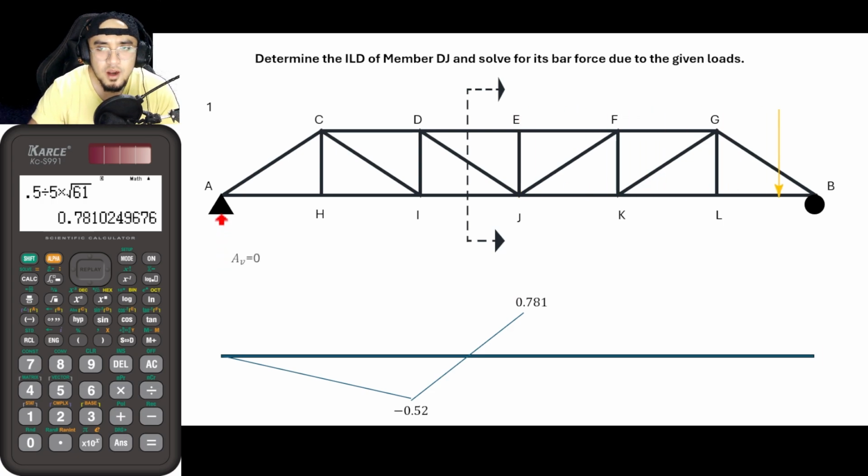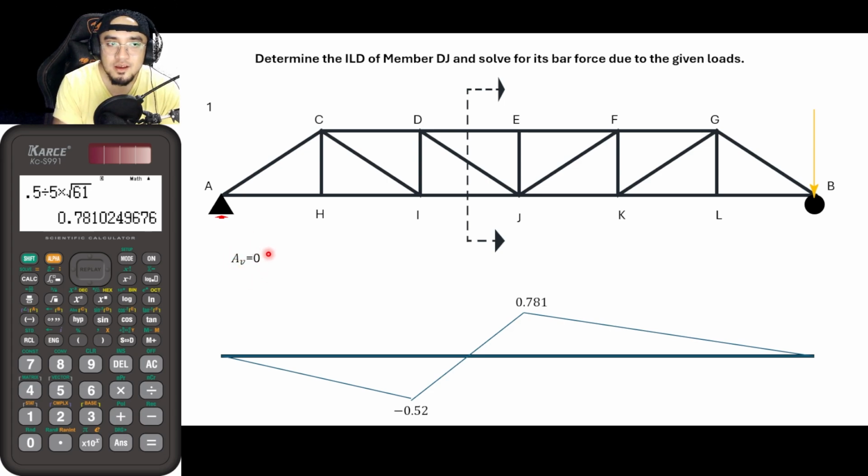If you're having trust issues, then solve for the ILDs at these locations. Upon moving our unit load here, since it is already on top of support B, reaction B would carry 100% of this load, leaving AV with no reaction. So AV is now equal to 0.